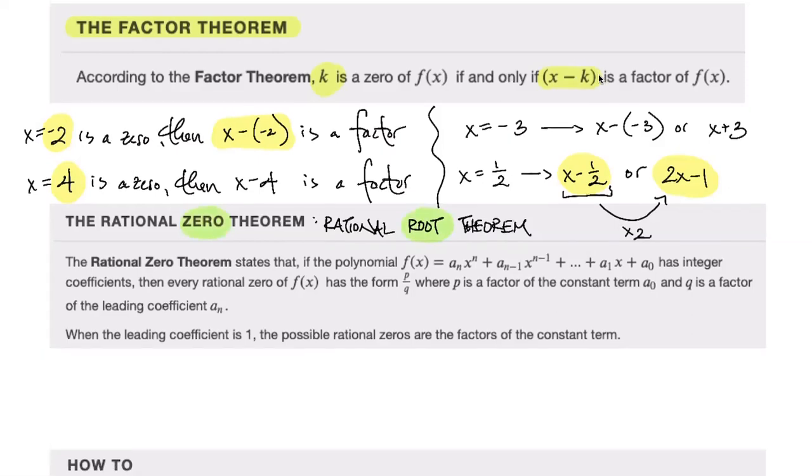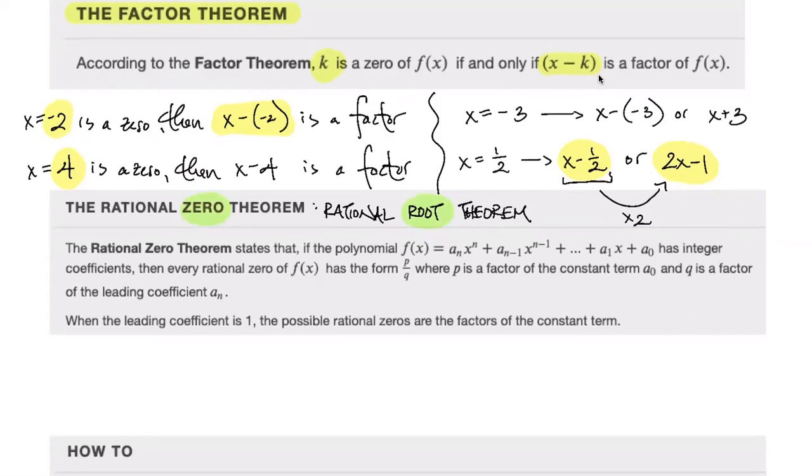Okay. In fancy mathematical terms, the rational zero theorem states that if you have a polynomial that has integer coefficients, then every rational zero has the form p over q, where p is a factor of the constant term and q is a factor of the leading coefficient.